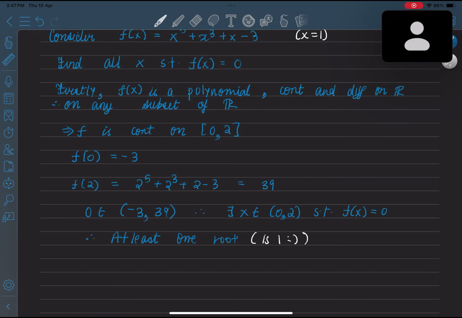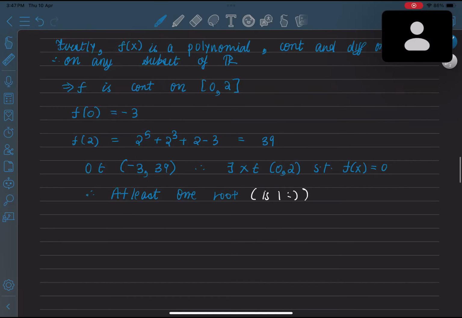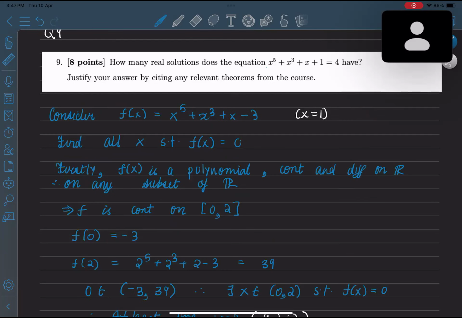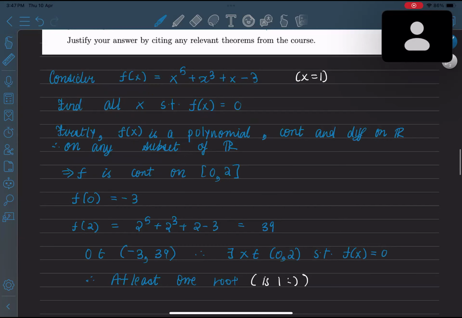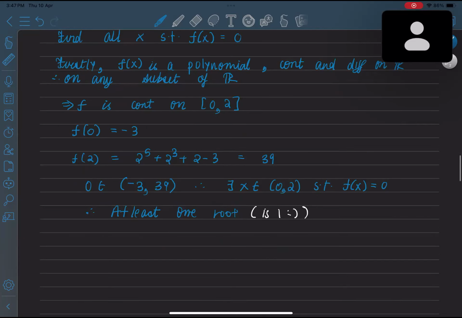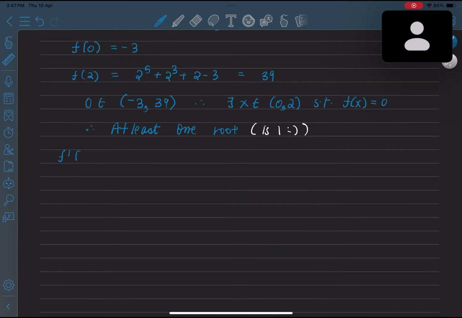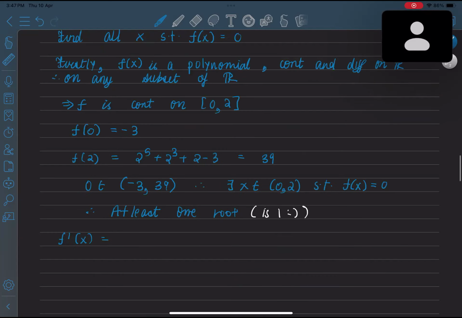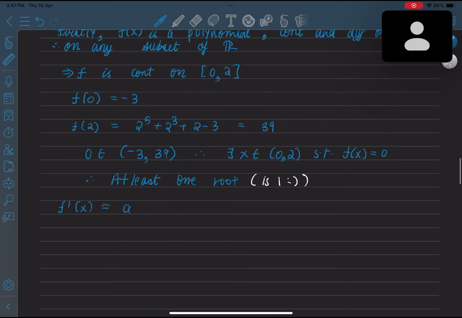And now we got to show that this is the only root. The way we do it is by using the derivative. So you consider f dash x, which is going to be the derivative of f of x. We can use the power rule here to say it's going to be equal to 5x to the 4 plus 3x squared plus 1.